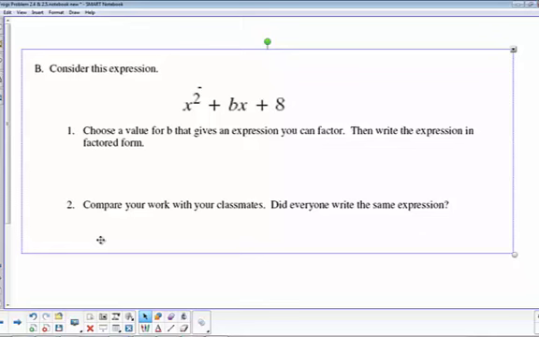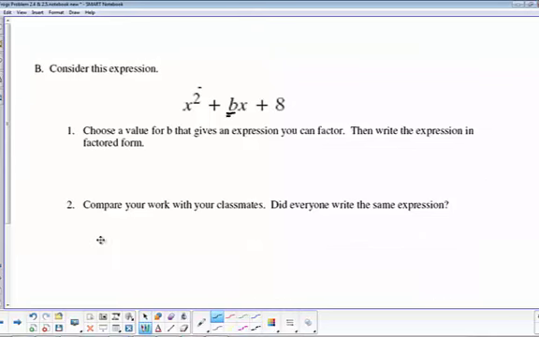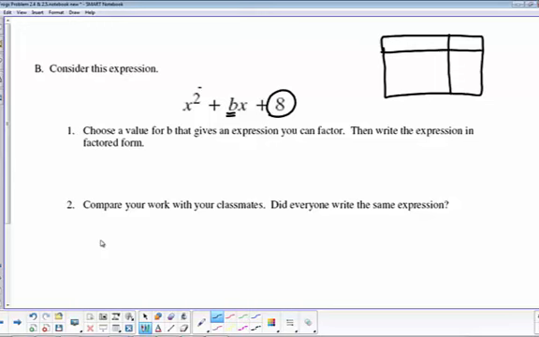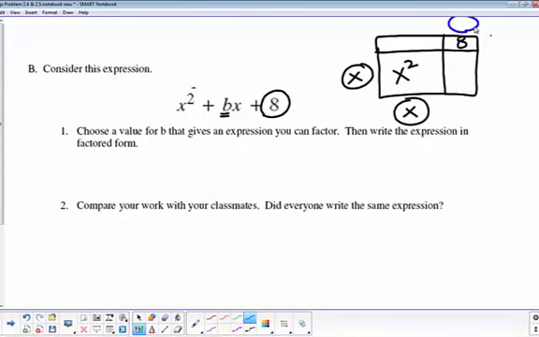So the next question is the same thing. It's saying, what is the middle term if the last term is 8 to make this factorable? So I'm going to think about my box here. And since this is an x squared, I know both of those are x's. For my 8, I need to figure out what two numbers multiply to give 8. I'm going to actually color code this.